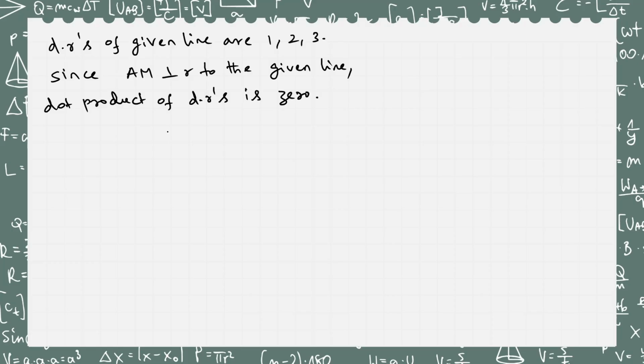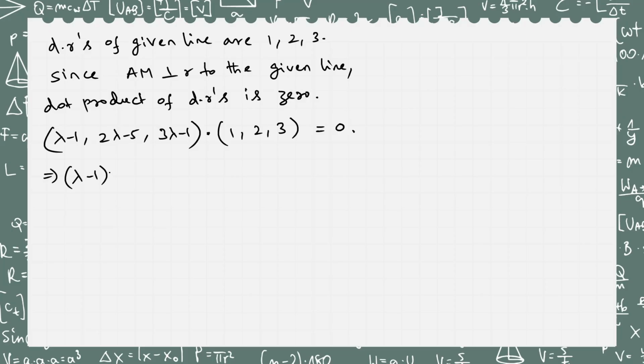So let us find the dot product of the DRs. AM's DRs are lambda minus 1, 2 lambda minus 5, 3 lambda minus 1, dot 1, 2, 3. This should be equal to 0. So that implies lambda minus 1 into 1 plus 2 lambda minus 5 into 2 plus 3 lambda minus 1 into 3 equal to 0.